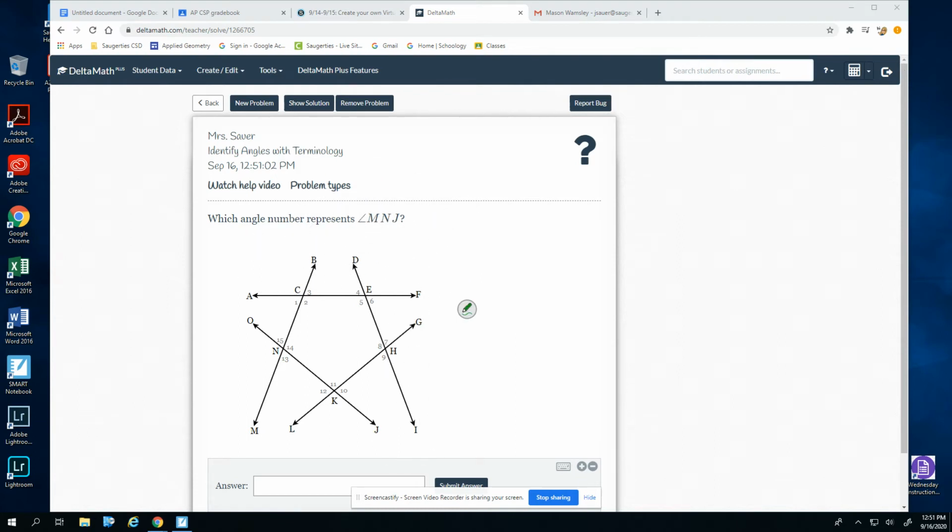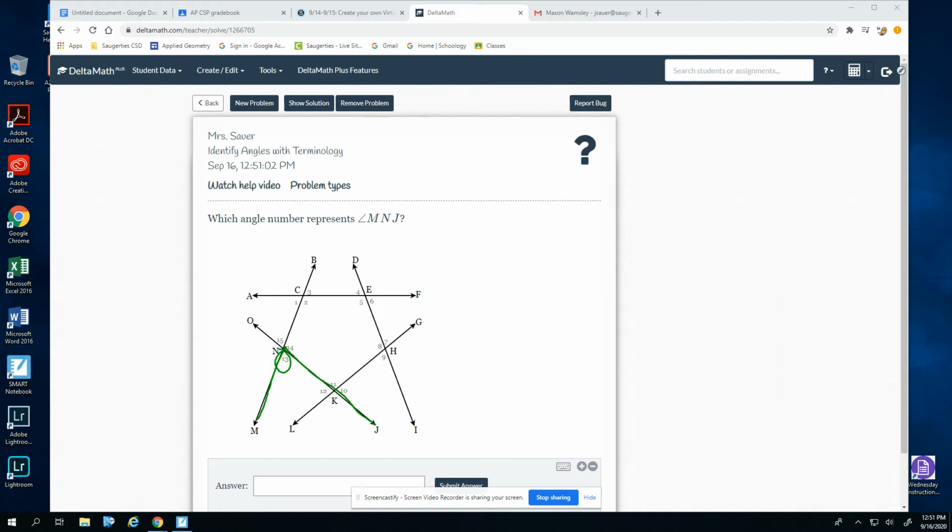Which angle number represents M and J? So this is a nice easy one. We just have to find the angle. So we have M and J. Okay, so M and J. Looks like it's this angle here. I think that's a 13.